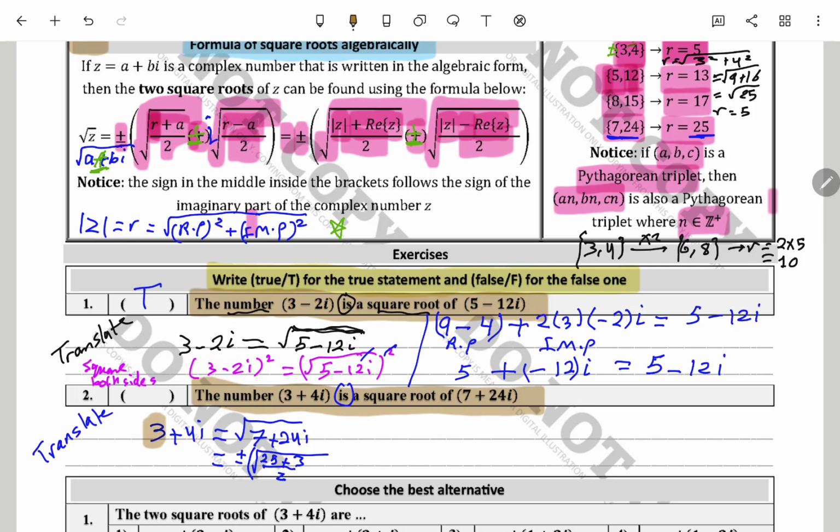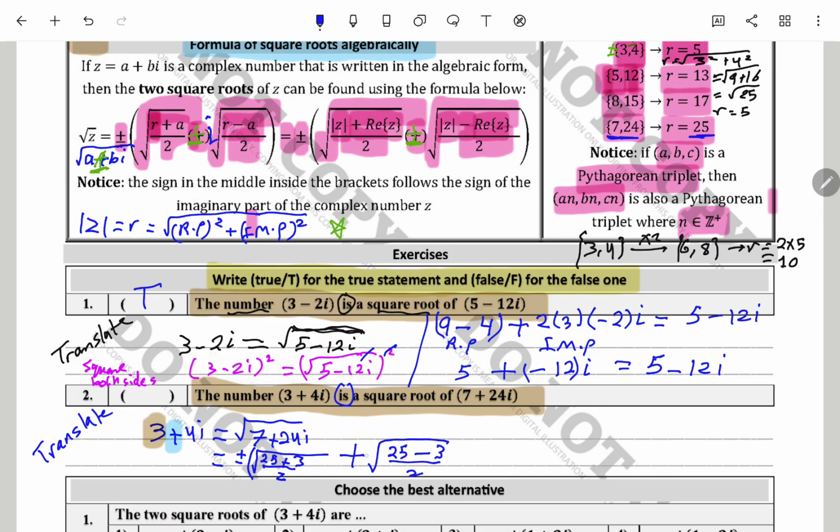Because we have a plus in the middle, we use this plus, and again write this square root including 25, but minus 3, all divided by 2.